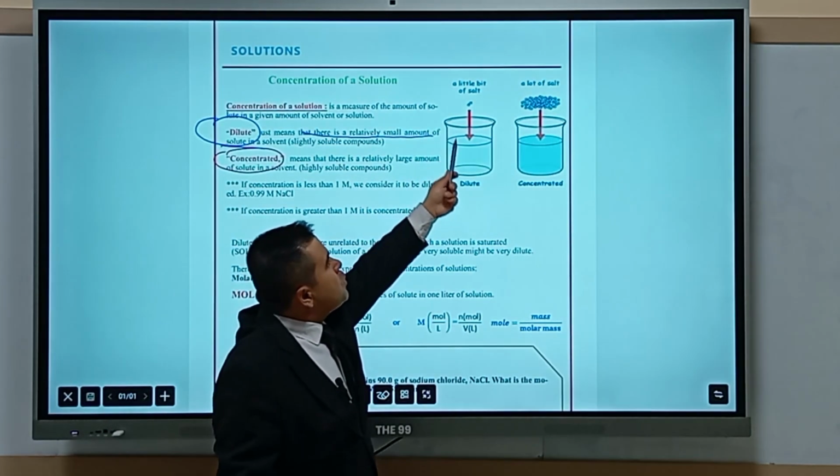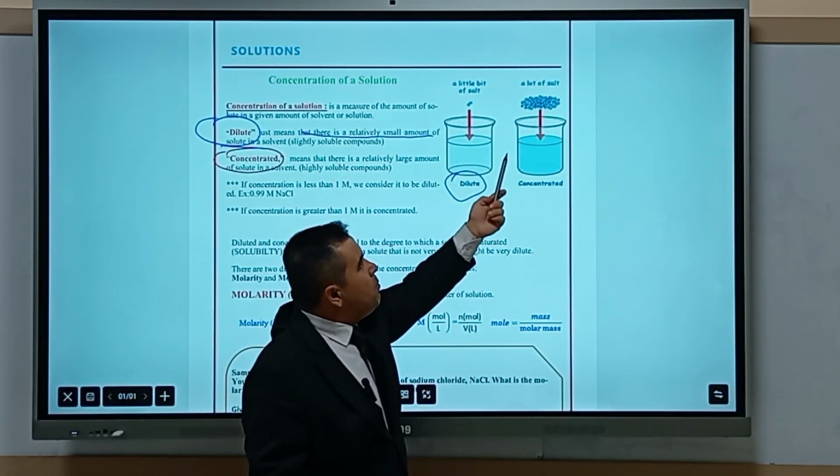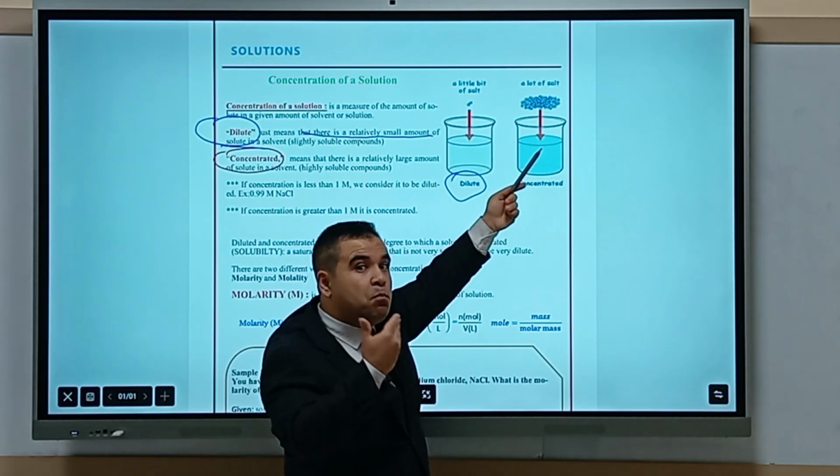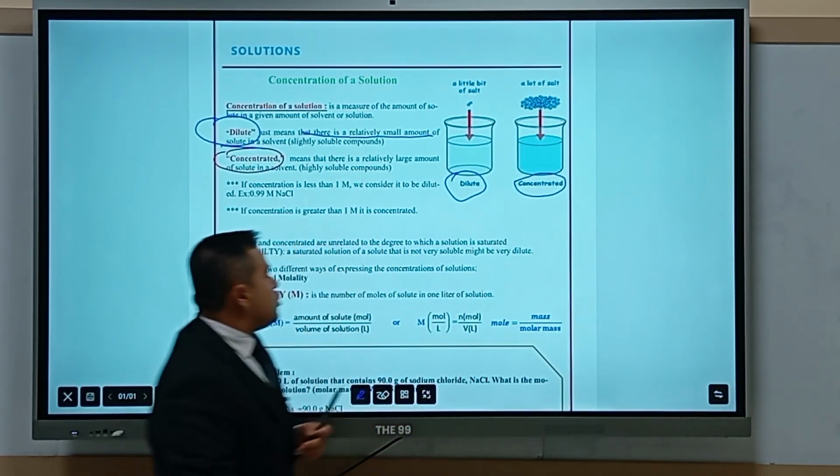A little bit of salt gives a dilute solution, but when we add a lot of salt, you get a concentrated solution.